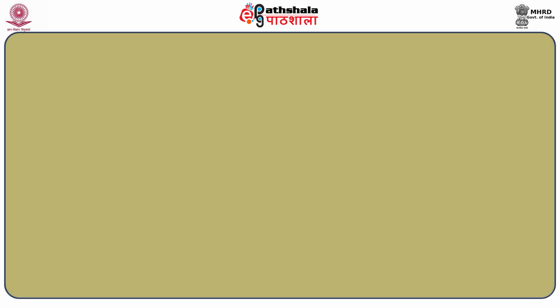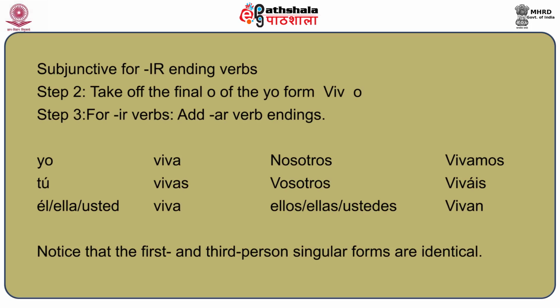The subjunctive for the IR ending verbs follows the same pattern of three steps. First, the yo indicative form of the verb vivir: vivo. Second step, take off the final O of the yo form. And finally, add the AR endings to the stem viv.